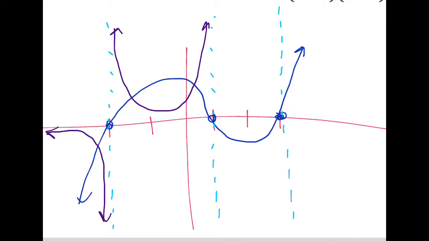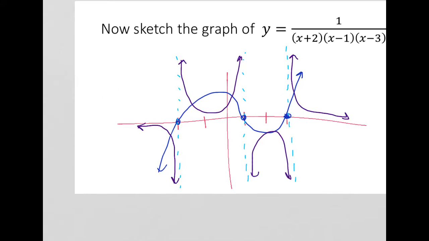And the other side there, between these next 2 asymptotes, my blue function is totally negative. So my purple function is totally negative as well. And then finally in the end here, my blue function is positive, and so my rational function, the purple function, the reciprocal of the blue function, is also positive. And that's it, and it's very painless to sketch that if you know the shape of the original function.